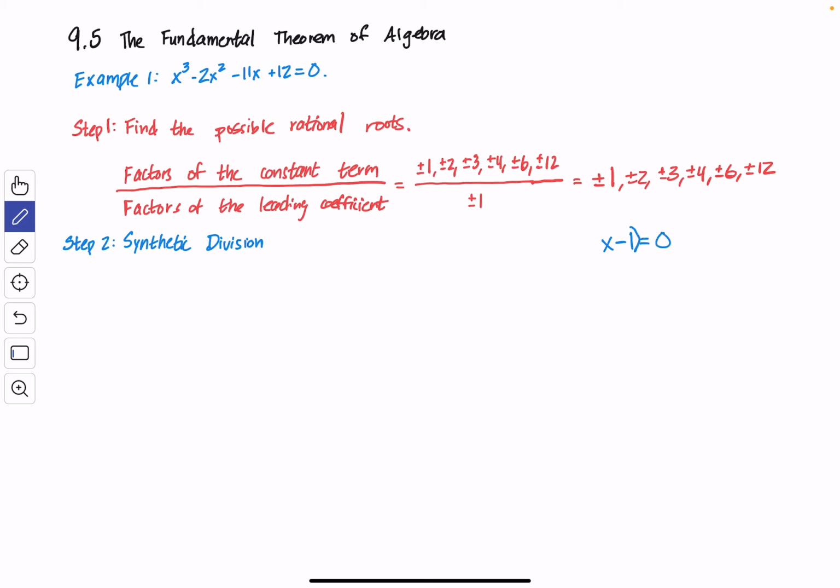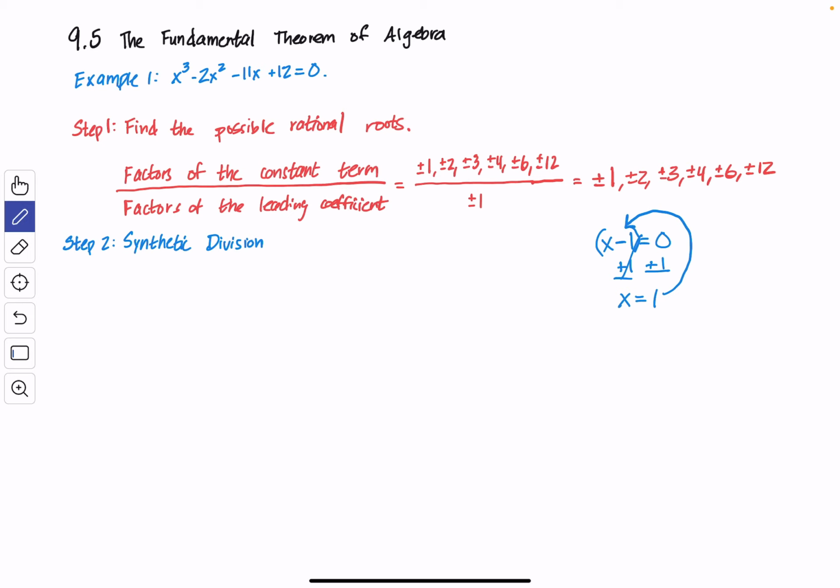Because if I solve this, I would add 1 on both sides and get x equals 1. So an answer of x equals positive 1 comes from the parentheses x minus 1.